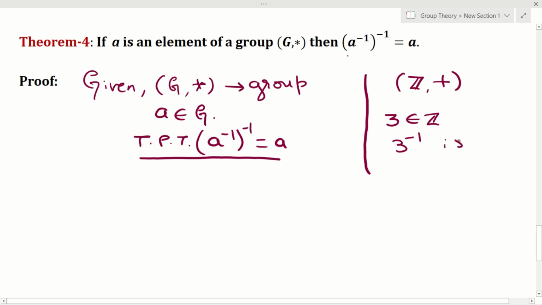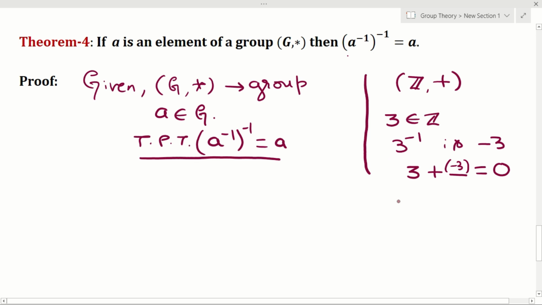Inverse of 3 is minus 3. How we get minus 3? If I take 3, what is the number I should add so that I get identity? Inverse law. To find inverse, I should use inverse law. So what is that element? Minus 3. Therefore, inverse of 3 is minus 3.